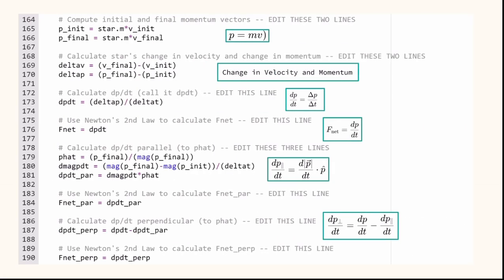In order to find the mass of the black hole, we use a lot of formulas. As you can see here, p equals mass times velocity is used to find the momentum. In lines 169 and 170, we find the change in the velocity and momentum in order to calculate dp over dt, which is our F net. Over here, we calculate dp over dt parallel by multiplying by p hat, and we calculate the perpendicular vector by subtracting the parallel vector from the total net force.